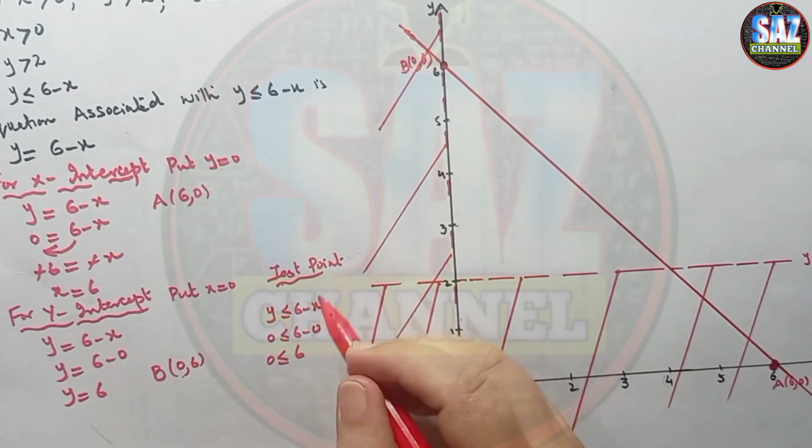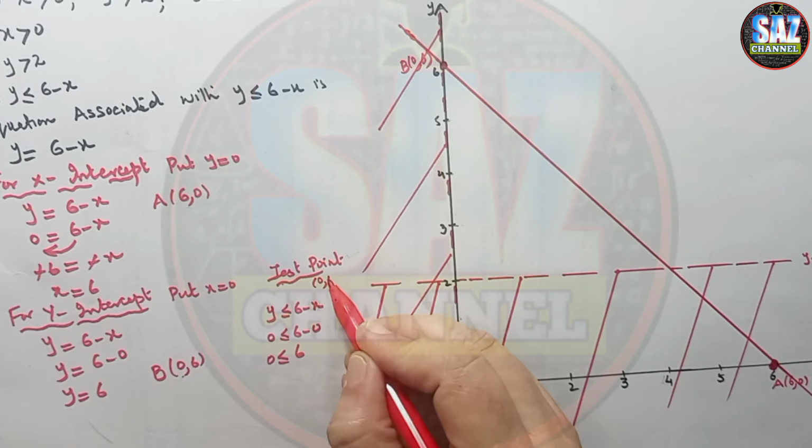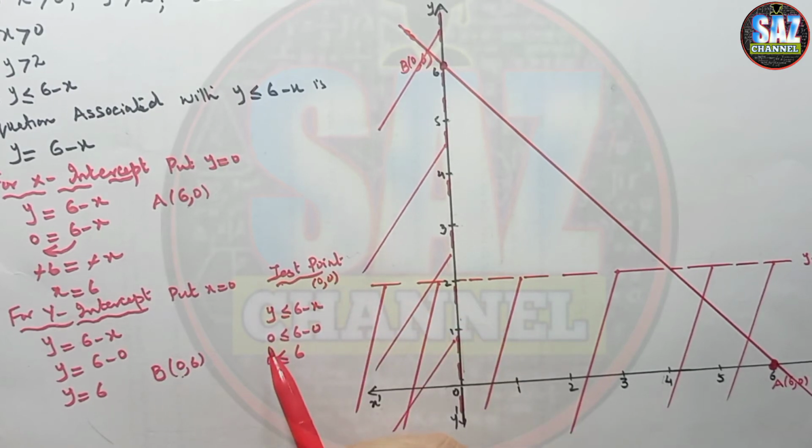So I have to place x and y both 0 in the given linear inequality condition, and my answer is 0 less than or equal to 6. Now at this stage, ask yourself whether 0 is less than 6. Yes, 0 is less than 6.